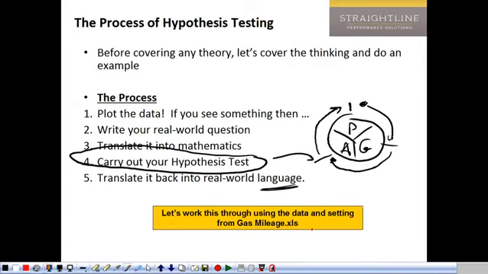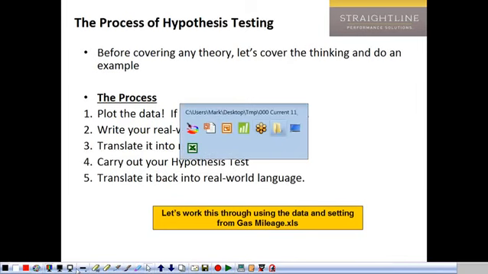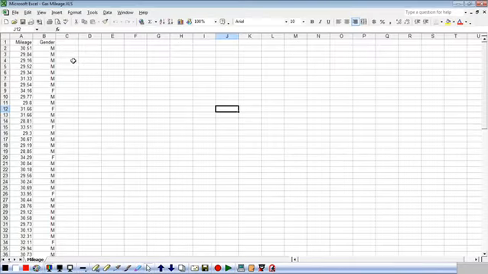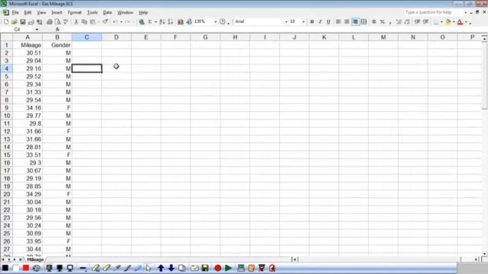Okay, we're going to work through this example using gas mileage. And so let me do that. Okay, so if I do that, I've got the file open, gasmileage.xls, which you should be able to obtain. You should have it in your data directory.